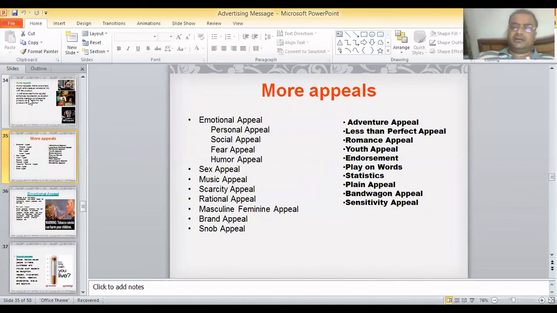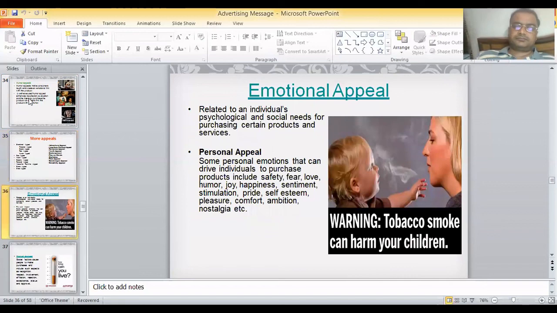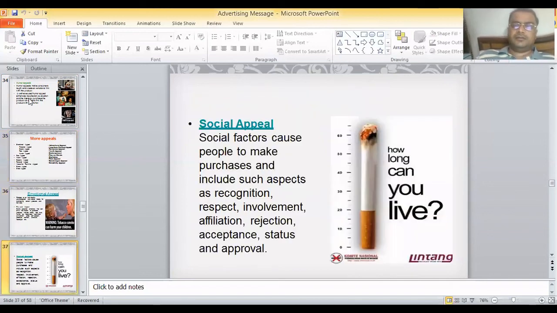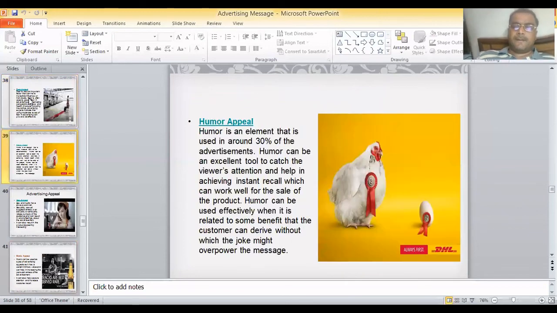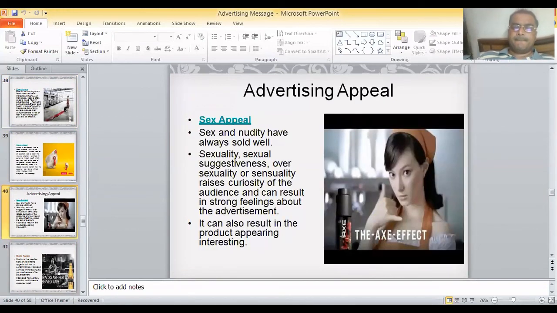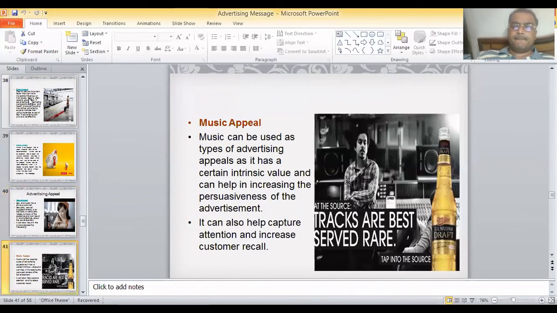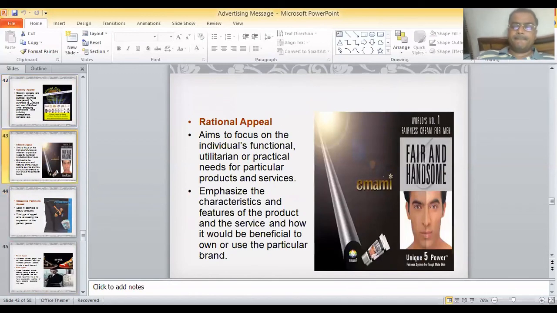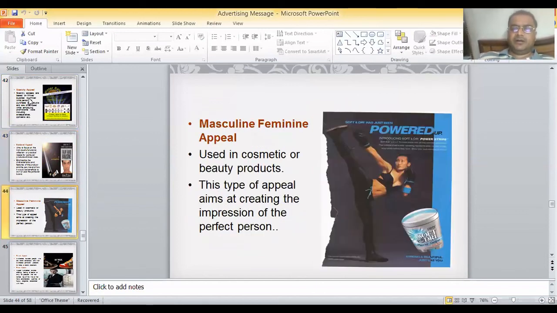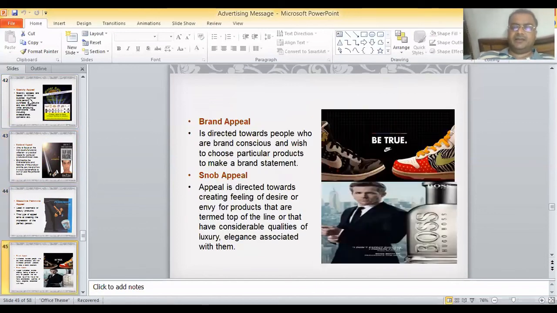So there are a lot of other appeals which are there. These are a few examples given over here of different appeals.